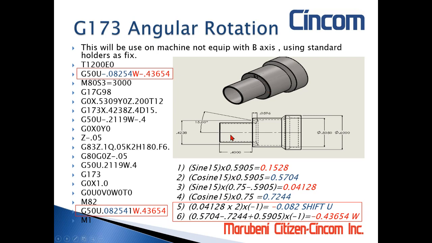In this print, we have these two holes, right? The diameter of those two holes is 0.4238, and those holes are at 15 degrees tilt. In this code, we have to do some math to get some shift, because the code is not going to take care of the tool center point. We have to define all this.